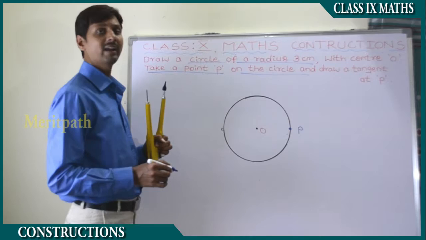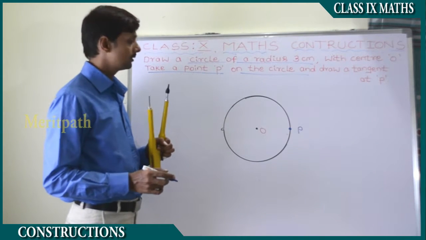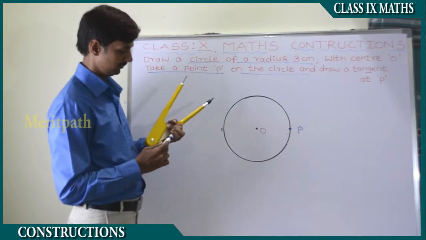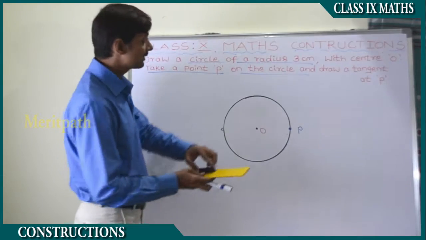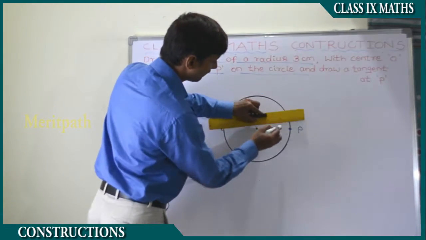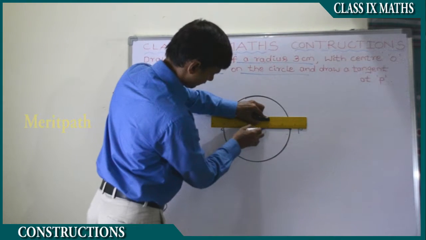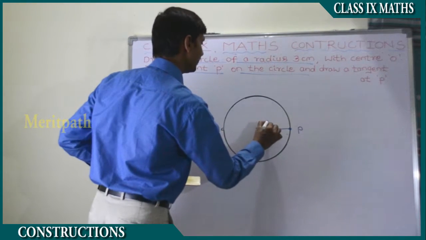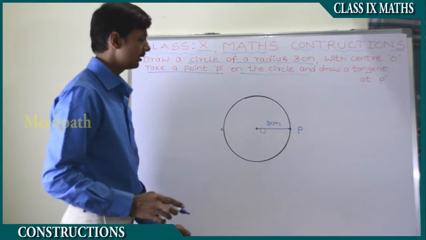So let's draw a tangent for it. To draw a tangent for this, we know the radius is 3 centimeters. Let's join O and P. This is 3 centimeters radius.